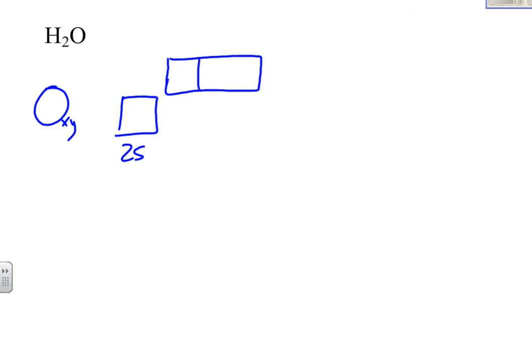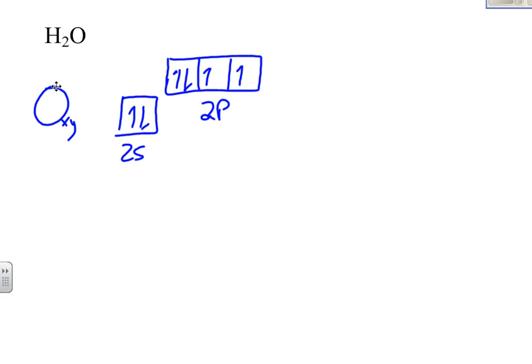So what happens with water? Well, if we look at the oxygen here, oxygen 2s, 2p, we can look at this and say, oh, look, hydrogen's in pretty good shape here because we have these two p orbitals that are half filled that the hydrogen can overlap with.